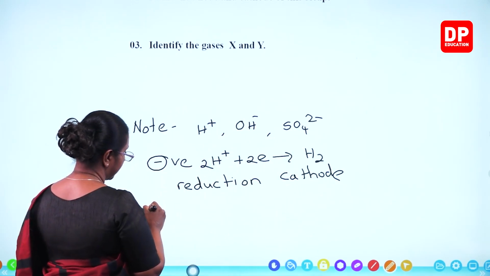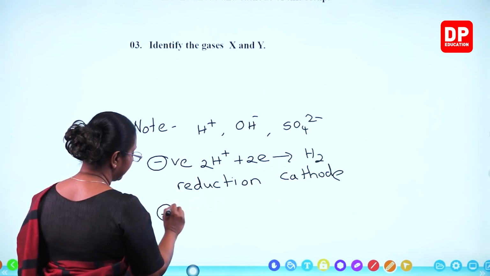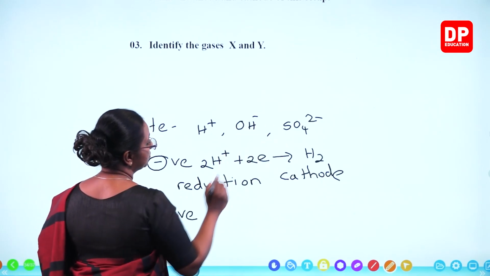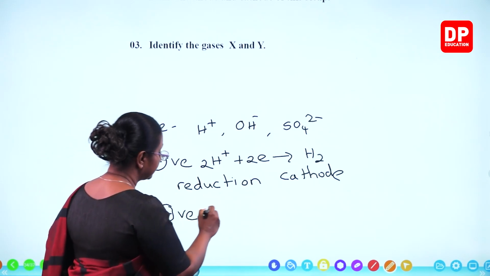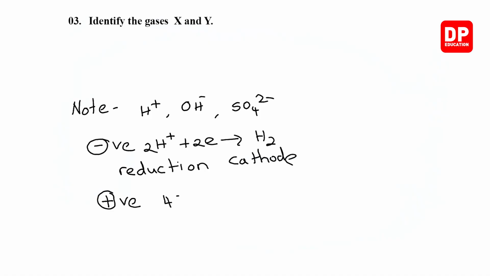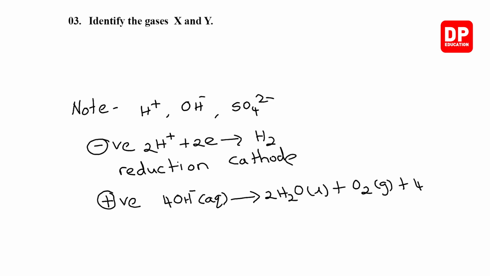And at the same time, towards the positive electrode, it is both OH minus and sulfate that go there, but only OH minus gets oxidized. So 4 OH minus ions give rise to 2 H2O liquid, O2 gas, losing 4 electrons.